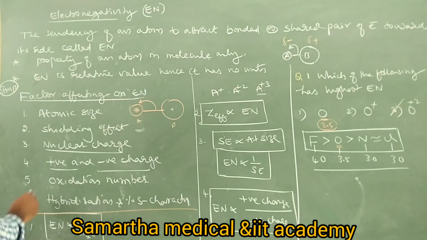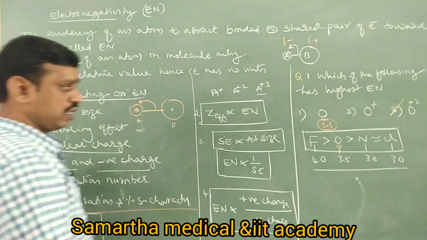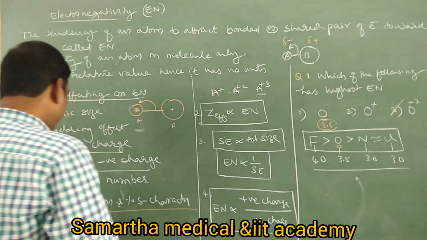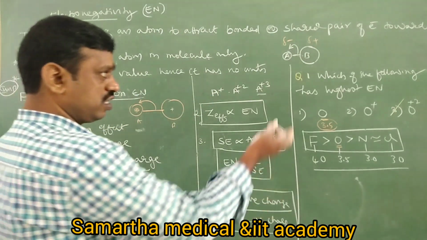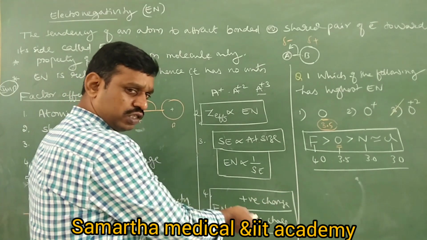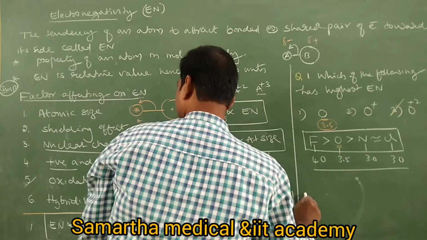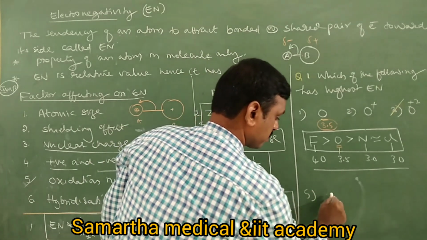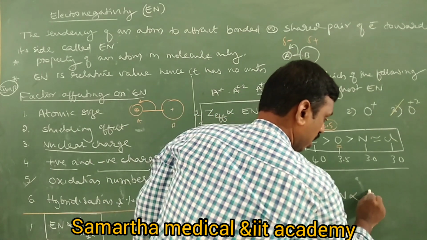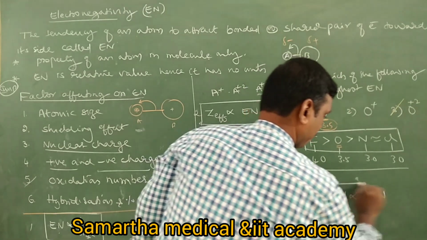Next, the fifth factor is oxidation number. How is oxidation number related to electronegativity? We have just written the positive charge, and this positive charge is nothing but the oxidation number. Therefore, electronegativity is directly proportional to oxidation number.